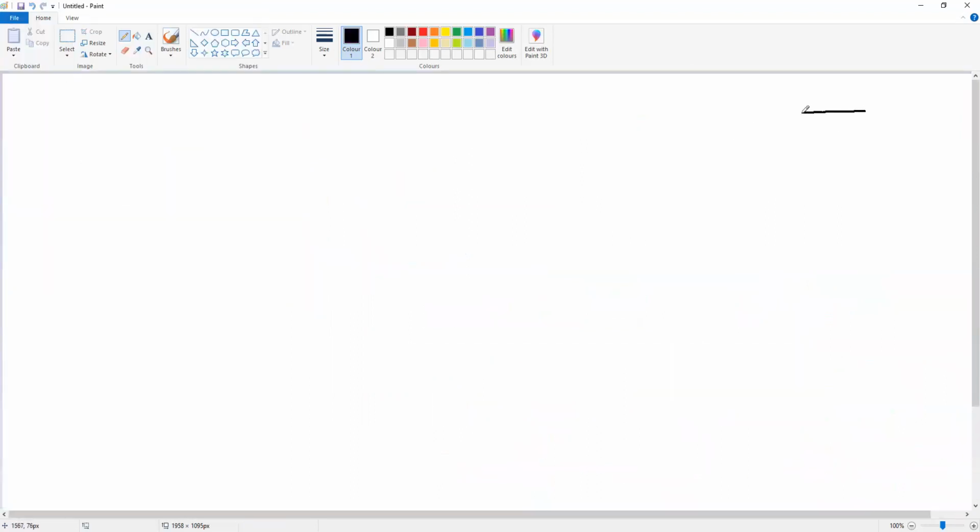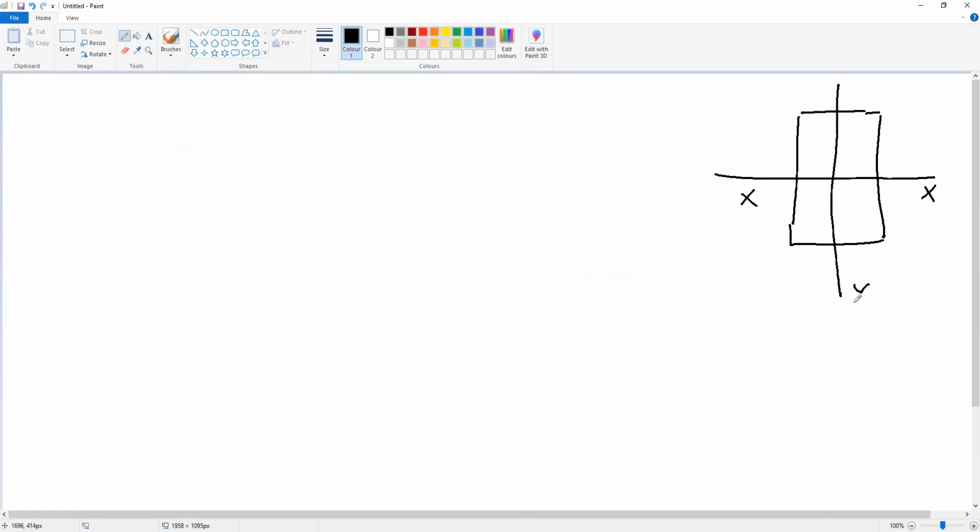this is our cross section again. This is x-axis, y-axis. This is a centroid. We find that A equal to 320,000 millimeter to the power 2. IX equal to 170.66 times 10 to the power 8 millimeter to the power 4.